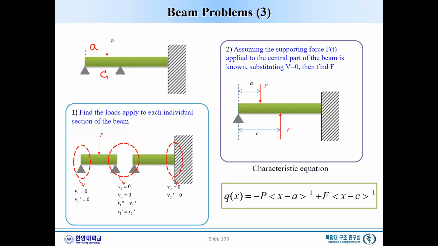A is the location from the left-hand side to the loading point. Now, we have a simple support on the left-hand side, and very interestingly, we have a simple support somewhere inside the beam, and then on the right-hand side it is clamped. So how do we solve this kind of problem?